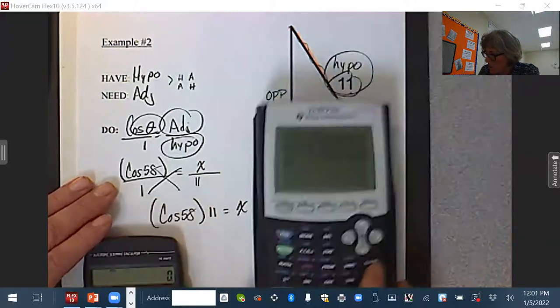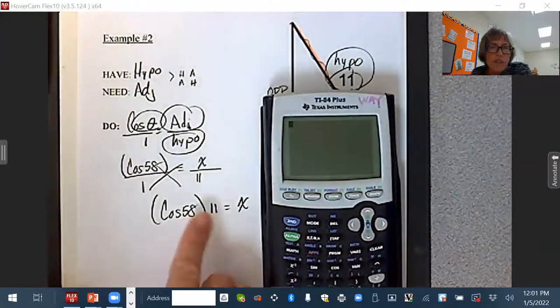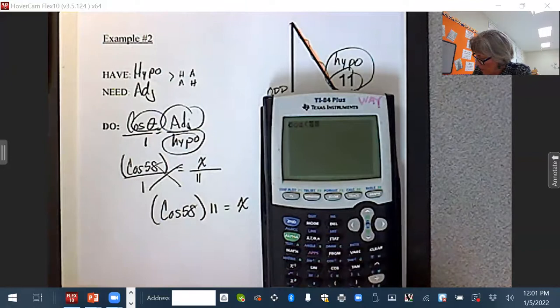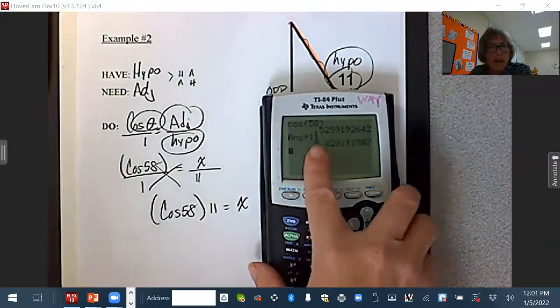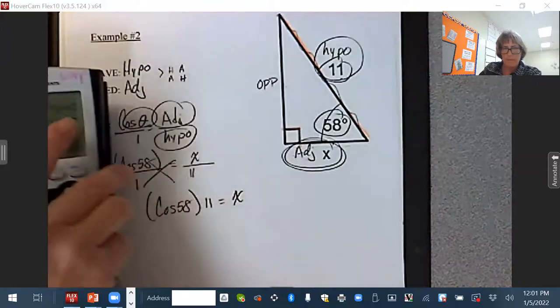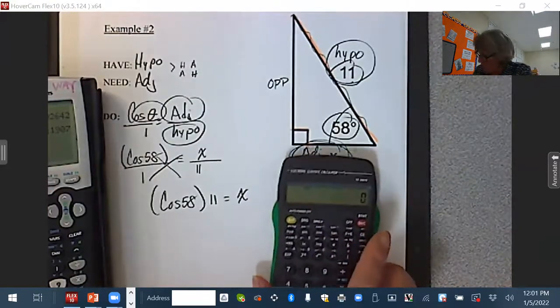Again, two ways to do this on your calculators. So we're going to do cosine 58 times 11. Big calculator. Cosine 58, enter, times 11, enter. I'm getting 5.83. This one goes the other way around.